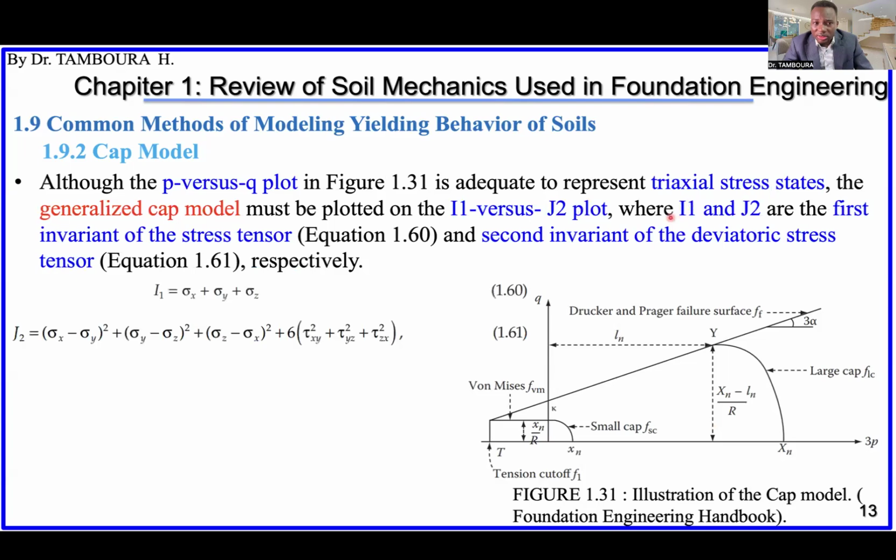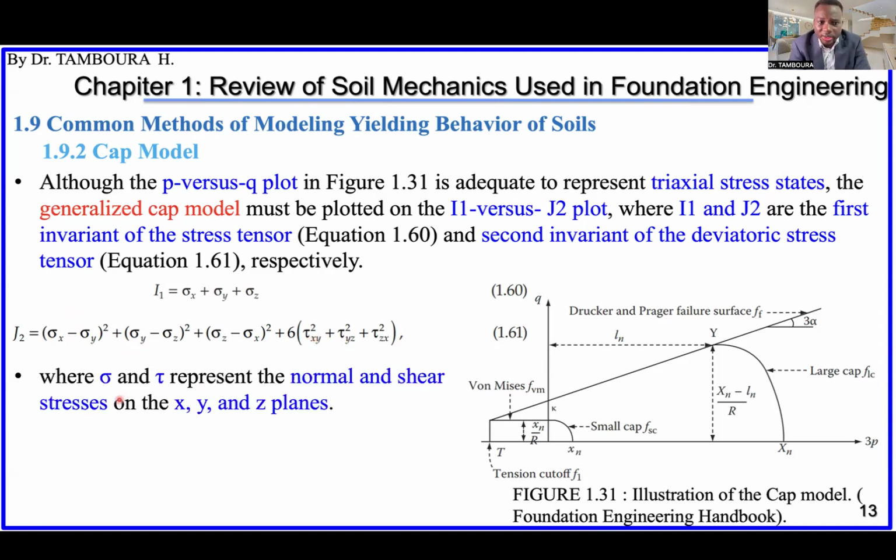The I1 is the first invariant of the stress tensor, which is sigma in the X plane plus sigma Y plus sigma Z. And J2 is the second invariant of the deviatoric stress tensor, given by this equation.